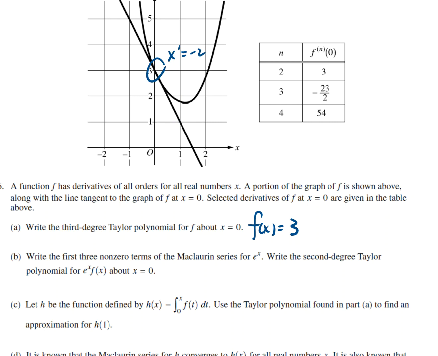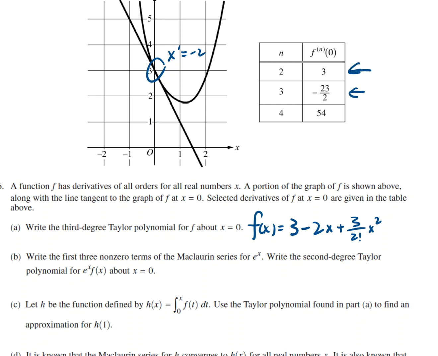So the second term is negative 2 times x, and the term afterwards is the second degree term, which is plus 3 over 2 factorial times x squared, because we get the information from here.